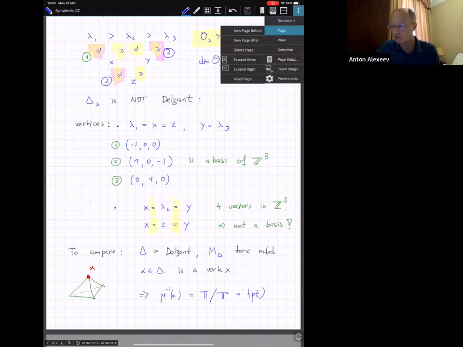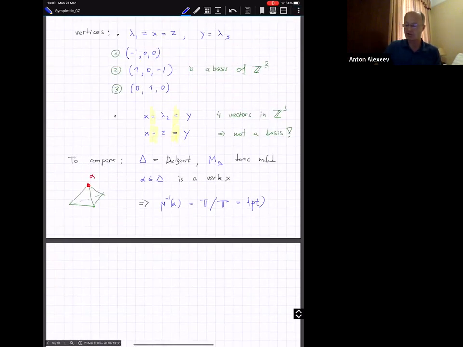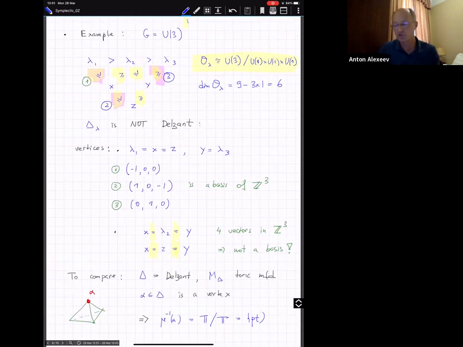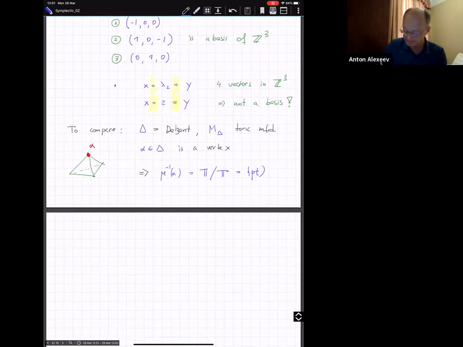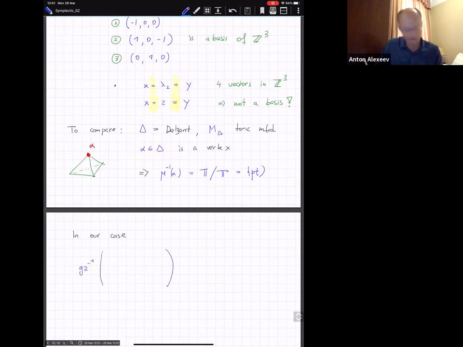Now let me tell you, in our funny example, what's the pre-image of a vertex? So in our case, we want to know what is GZ minus 1. So GZ is that map here. I'm just repeating my story. I have lambda 1, lambda 2, lambda 3. Here we have lambda 2, lambda 2.